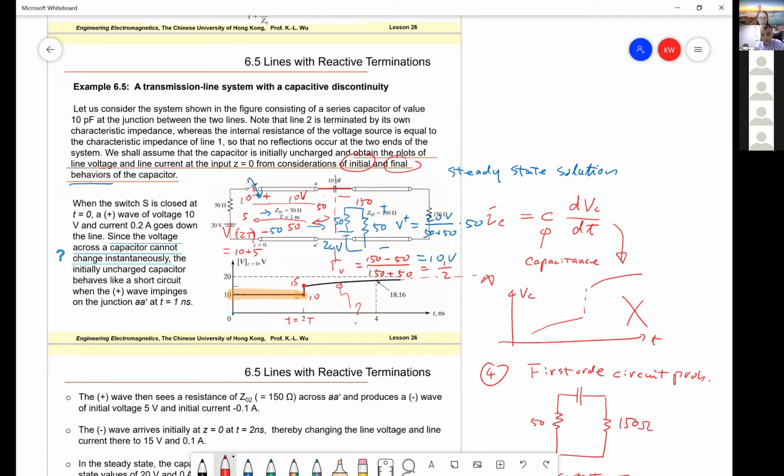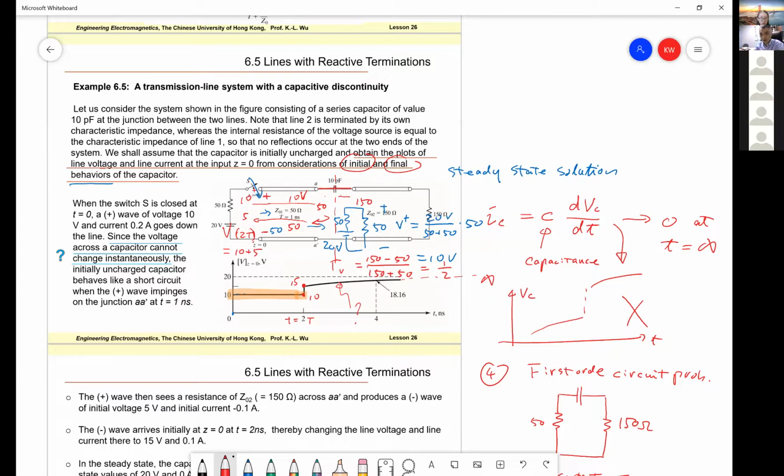But after a long time, this transient dies away, and the current through the capacitor doesn't change with time anymore, or the voltage across the capacitance doesn't change with time. So this approaches 0 at t equal to infinity. The current through the capacitor, after the transient oscillating, dies out and approaches 0.